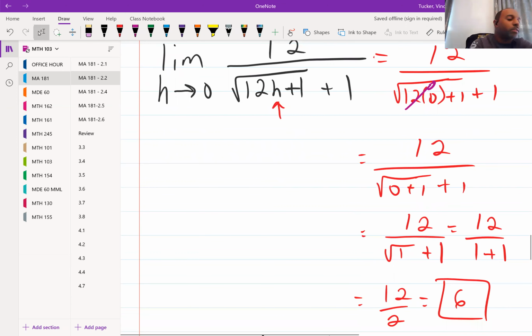Square root of 1 is 1, 1 plus 1 is 2, and 12 over 2 gives us 6.